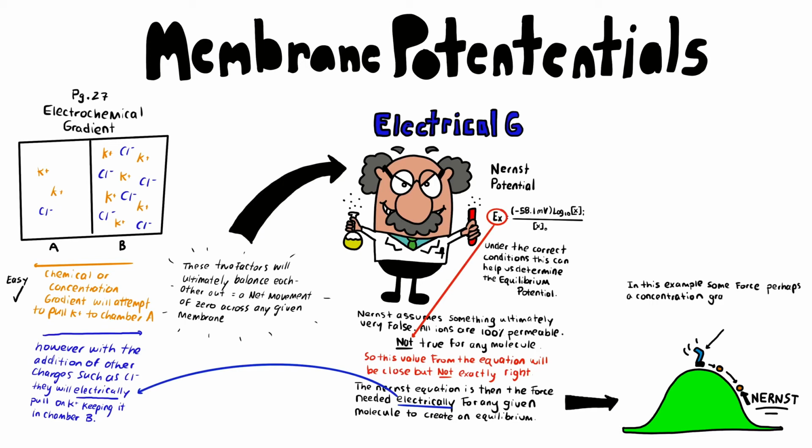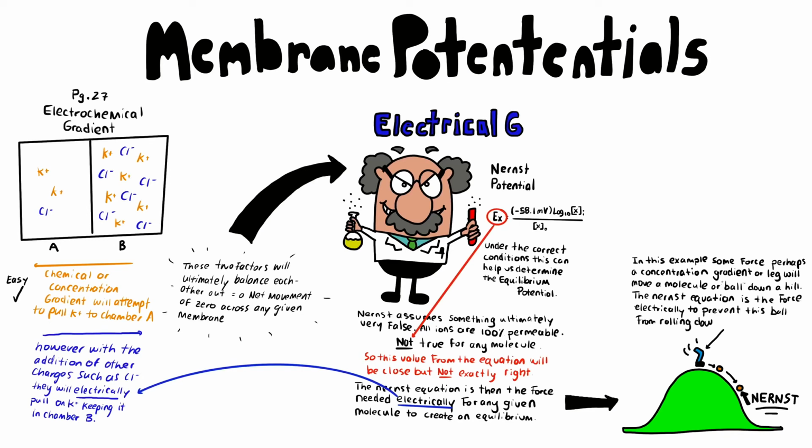If the hill in this case is a concentration gradient, assume then that the ball is potassium. It's rolling down the hill due to a concentration gradient or other driving force behind it. The Nernst potential is going to describe the electrical force necessary to keep that potassium from going down its concentration gradient. Once this is accomplished, then it will reach an equilibrium.